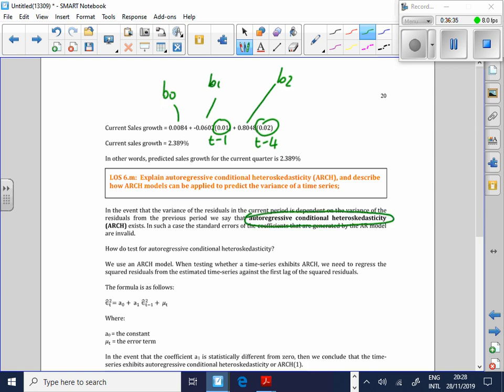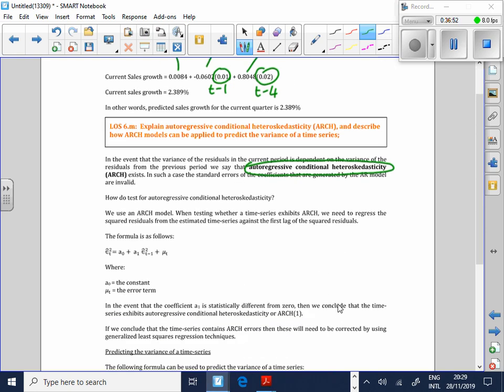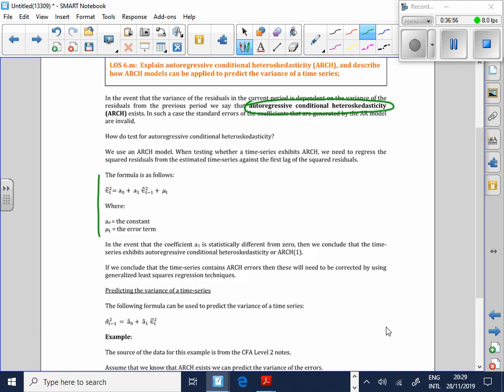We use an ARCH model when testing whether a time series exhibits ARCH. We need to regress the residuals from the estimated time series against the first lag, t minus 1. You're not going to spend time on these, guys. In the event that the coefficient is statistically different from 0, we say ARCH is present.